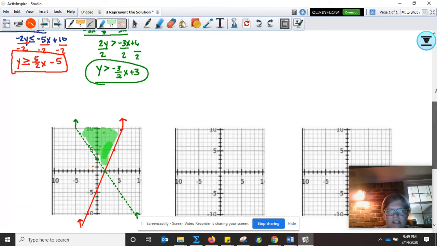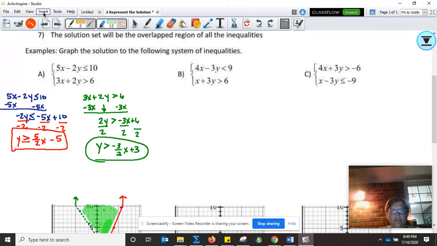All right, so let's do the second one. So same thing. Start with solving your equation. So I have 4x minus 3y is less than 9. Okay, so let's solve this. Subtract 4x, and I end up with negative 3y is less than negative 4x plus 9.